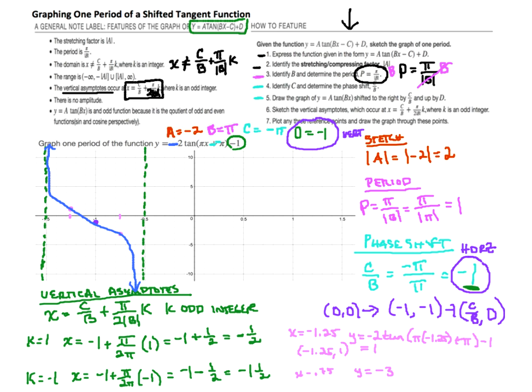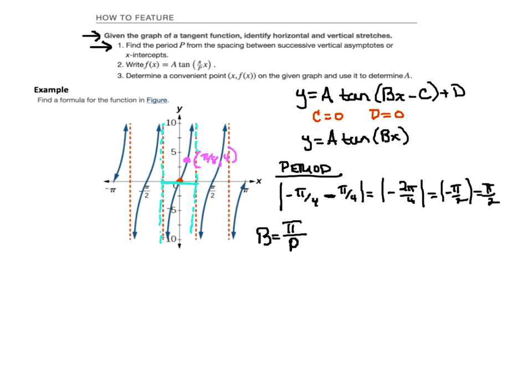Then I come back and divide P off of both sides, and I get that B equals pi over P.